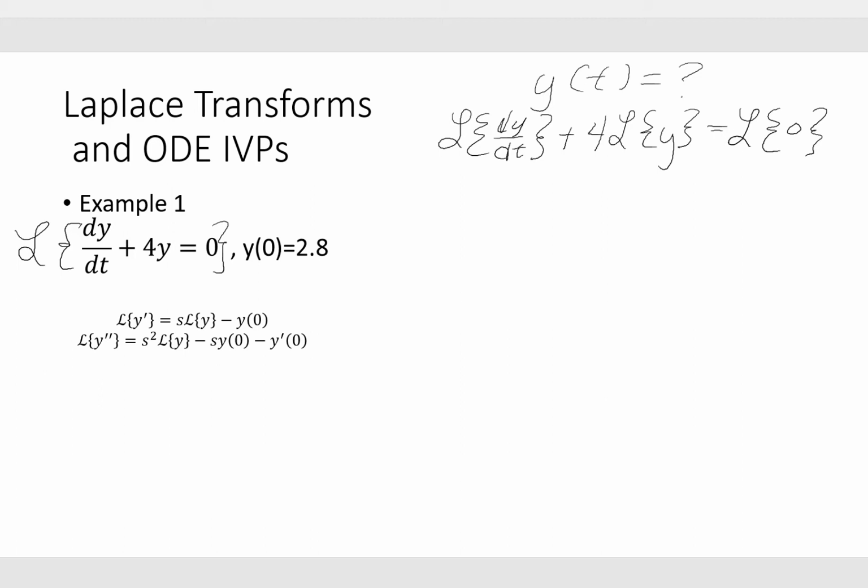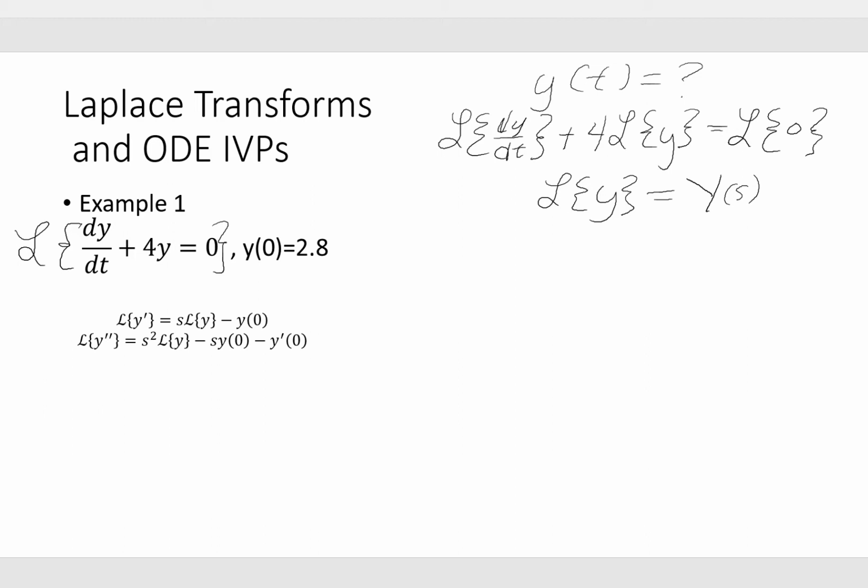We know we could use the derivative property of Laplace transforms on this first term. Whenever I'm talking about Laplace transforms, pretty much during the whole course, I will say that the Laplace transform of some variable y, so this whole term, can be represented as capital Y of s. Okay, this will save me a little bit of writing.